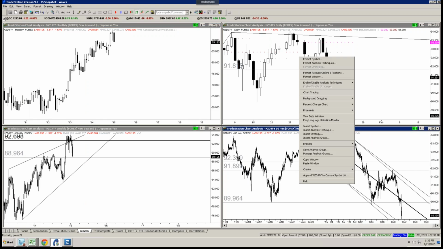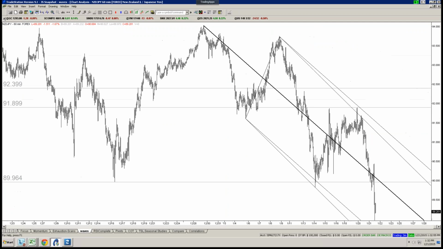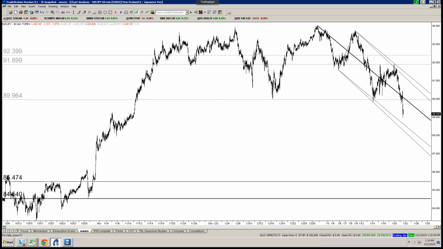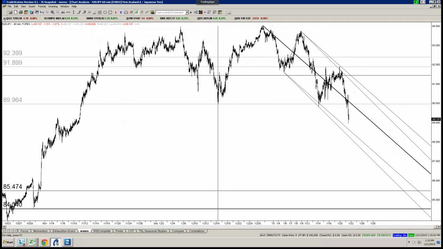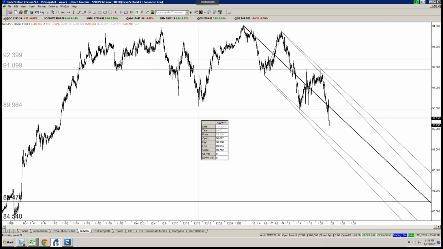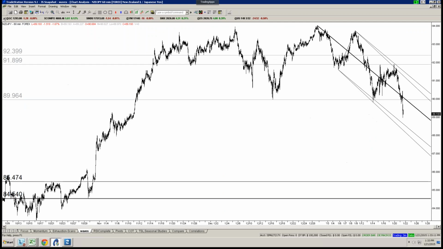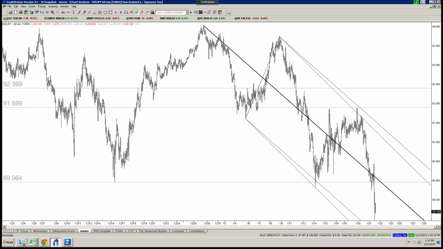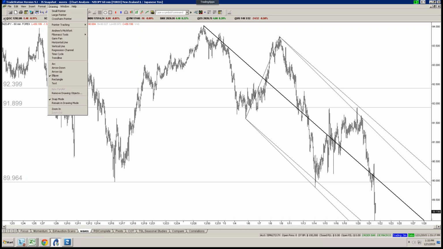Lower lows, lower highs, downtrend. So far we have a lower low than we had the prior month. That's a good start. So where we look for resistance, just like the Kiwi dollar, I'd be looking for resistance first up here at the former low, the December low, which is just broken, 89.96. And we have the median line going on here, right?